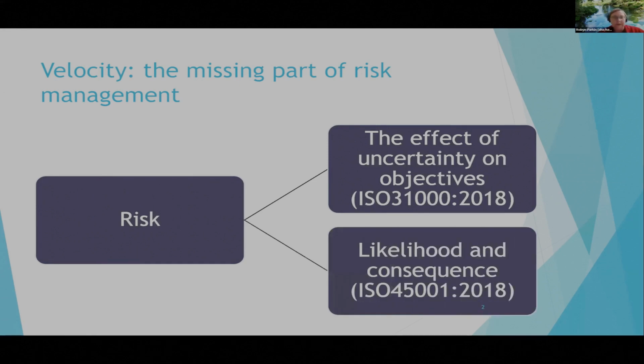One of the other major definitions that I work with a lot is ISO 41001, which defines risk as a combination of likelihood and consequence. But what's interesting is neither of those major definitions include consideration of time or speed.